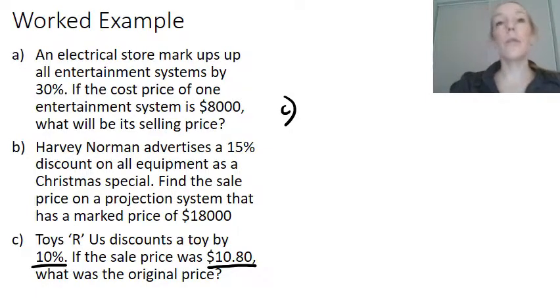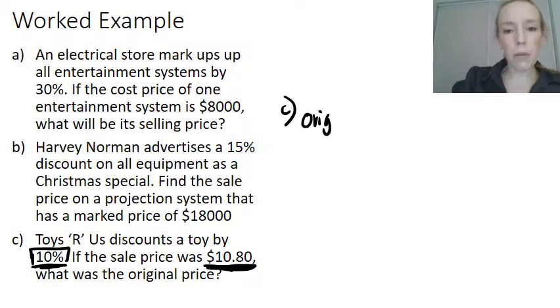To find out our original price, we're going to have to do a little bit of backwards work. So this $10.80 is the discounted amount, which means it represents 90% of the original price, because 100% would be the original price, and it's had 10% removed.